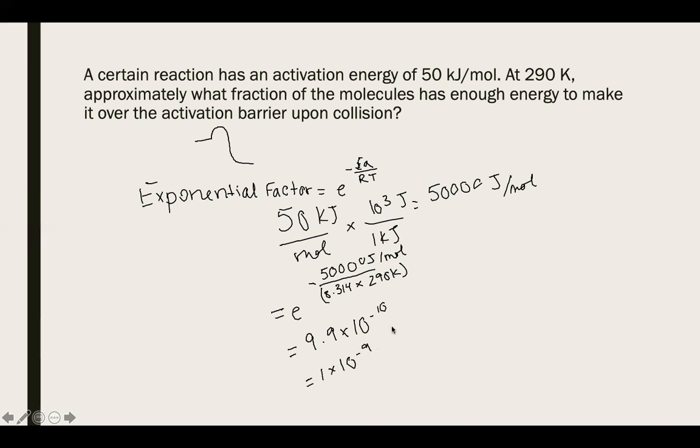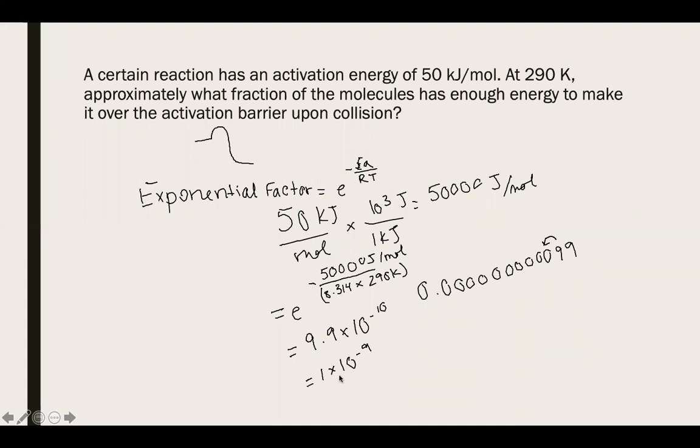I know it's a little hard sometimes with scientific notation, but 9.9 times 10 to the negative 10th is close enough that you would round it up to 1 times 10 to the negative 9th.